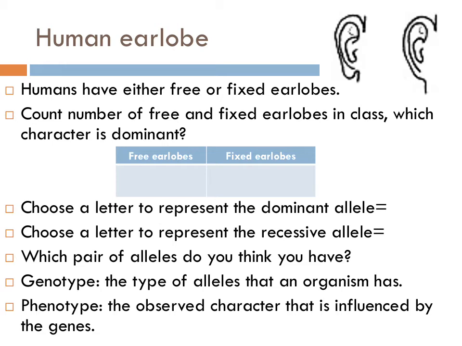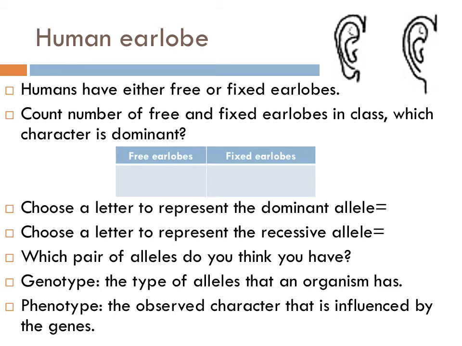So this is what we call an earlobe. And here I have two diagrams. One with a free earlobe, and the one on the right has a fixed earlobe. It's as if it is part of the head. It's not free. So humans can have either free or fixed earlobes.